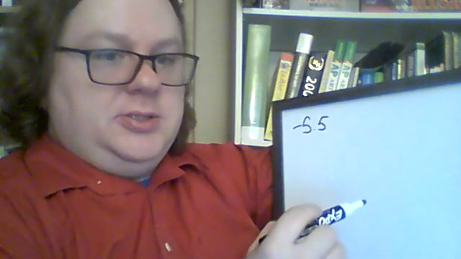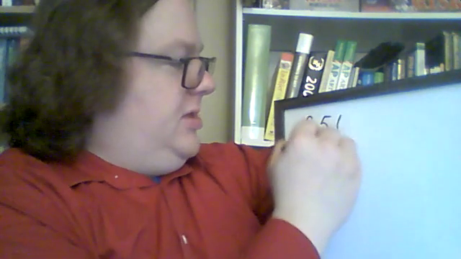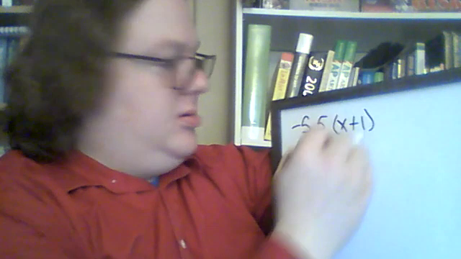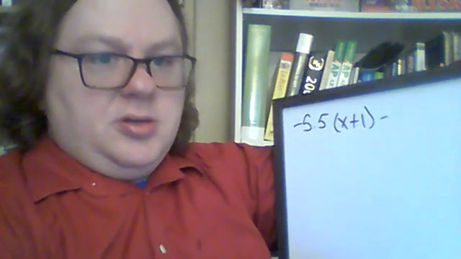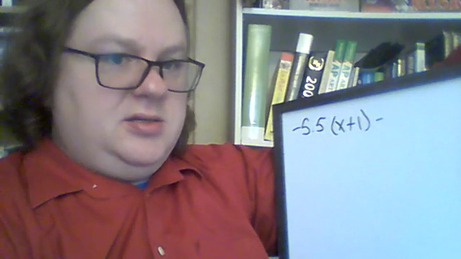Alright, now they want us to do distributive property with decimal numbers. So they've given us negative 5.5 x plus 1 minus, oh, this is going to take up a lot of space.